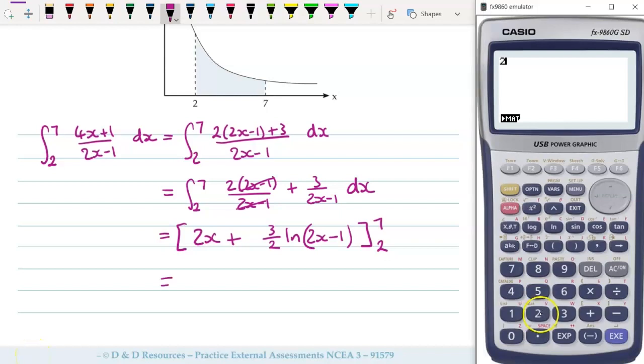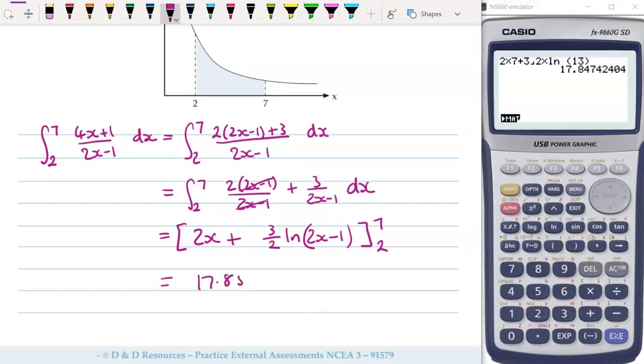So if we put in 7, we will get as follows. So 2 times 7 is 14, minus 1 is 13. So it'll be 17.85. Take away, putting in the 2.